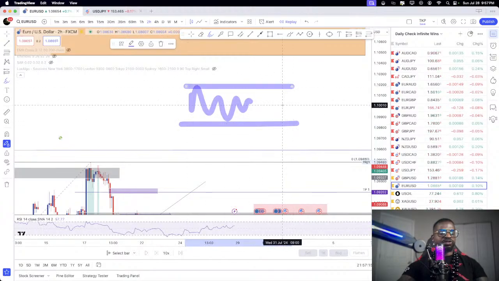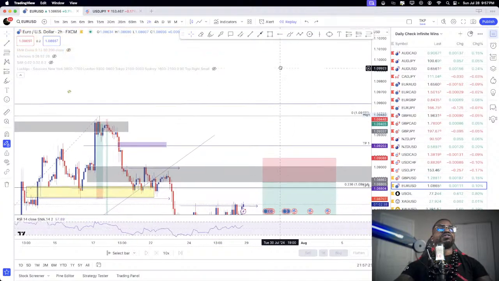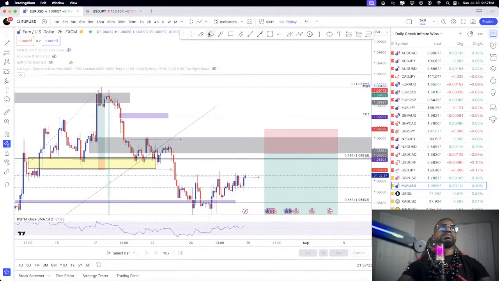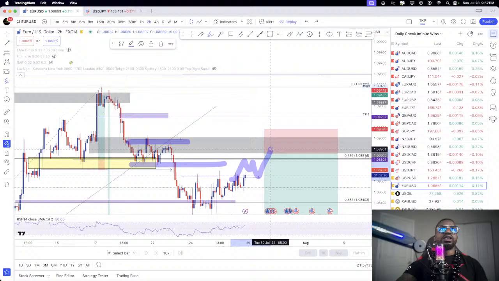Those are the areas that we're trying to identify. But everything else, as far as the colors, don't let that intimidate you. Look for the simple things. This area of range, we had a breakout, but it was not retested. So we want to see what happens when price reaches this level.